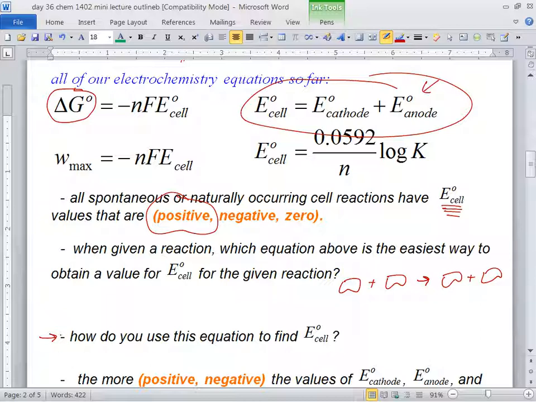How would you use that equation, E0 cell equals E0 cathode plus E0 anode, to get E0 cell for this? Is that E0 cathode, and then divided by E0 cell? Yeah.